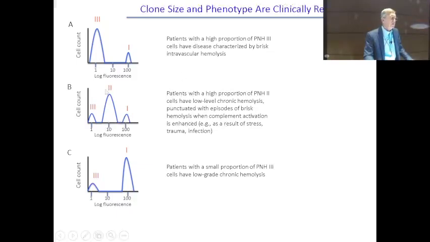On the other hand, you can have a large PNH2 clone, and in this case, there'll be very modest hemolysis. And then if you have a small PNH clone with just the type 3 cells, because the proportion is small, there'll be very little hemolysis.